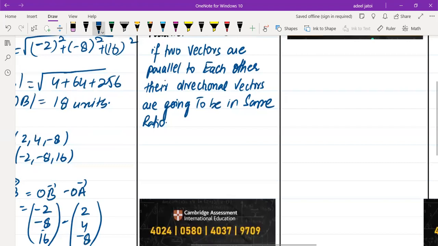AB is parallel to CD. That means it will have a constant value.